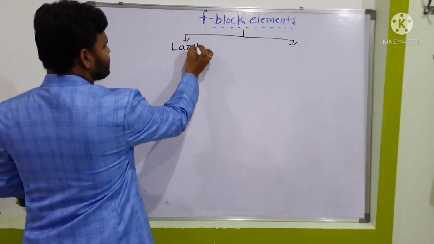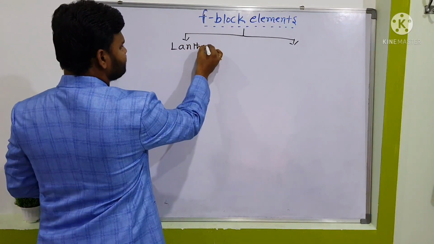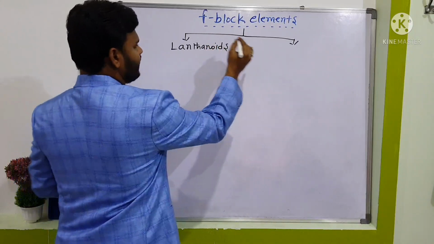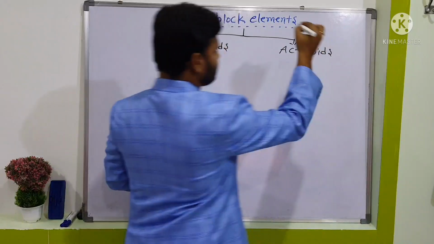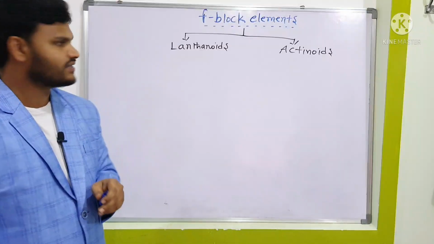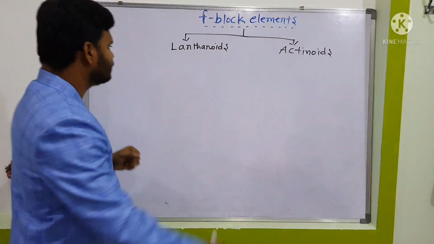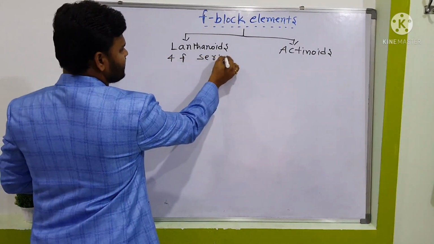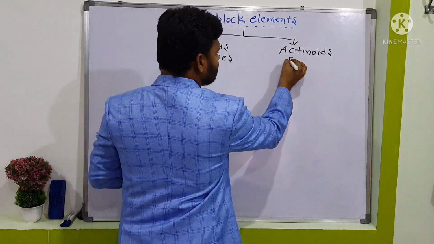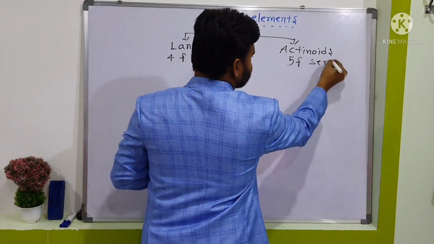So F block elements have two parts, lanthanoids and actinoids. Lanthanoids belong to the 4F series, and actinoids belong to the 5F series.